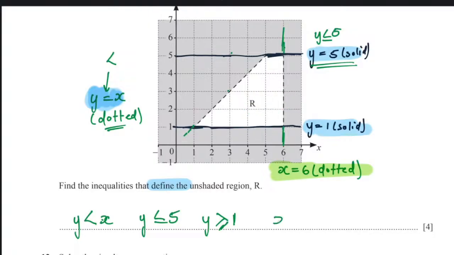So we already say x less than 6. We change the equal sign to be a less than. But because it is dotted, we do not put an or equal to. We leave it like this, and you get your 4 marks. You get your 4 marks, students. No one in here is allowed to go into the exam and leave this. You have to get it correct.